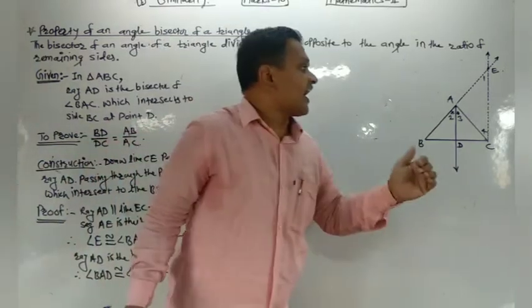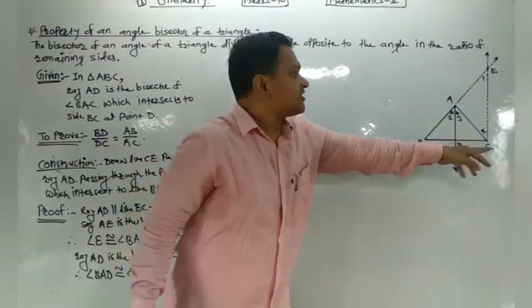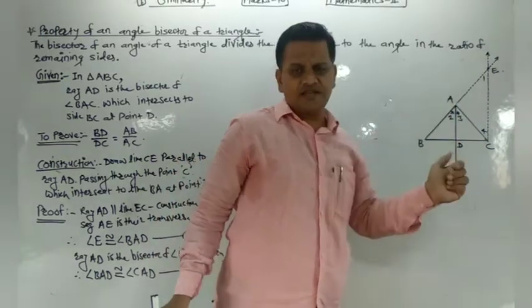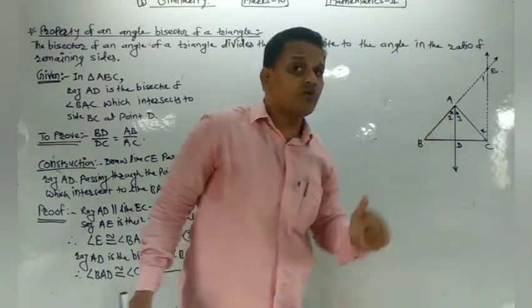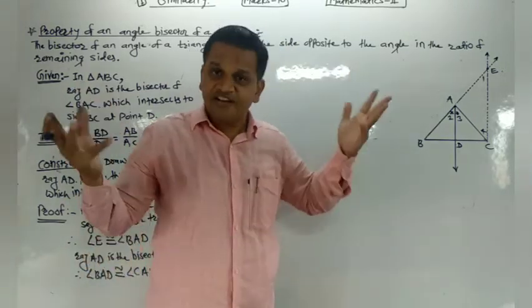Now we want to prove that angle number 3 is congruent to angle number 4. 3 means CAD and 4 means ACE. Why are 3 and 4 equal? Because they are alternate angles. Whether lines are parallel? Yes, lines are parallel.